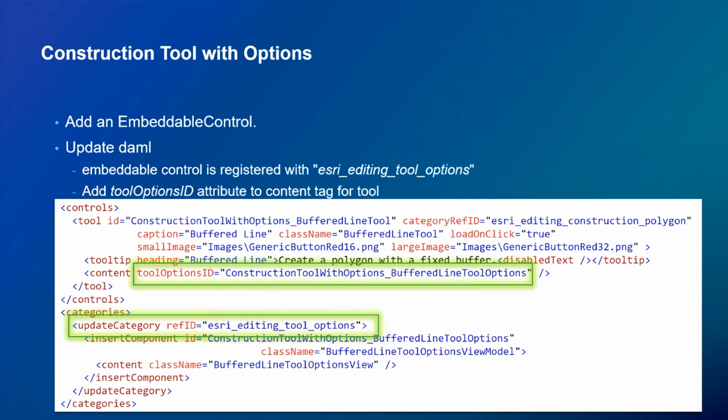So sometimes you do want to go just beyond geometry and also collect additional attribution or set up attribute information that will then guide the creation. And for that, we allow you to specify options. Those options do come into play as an embeddable control.